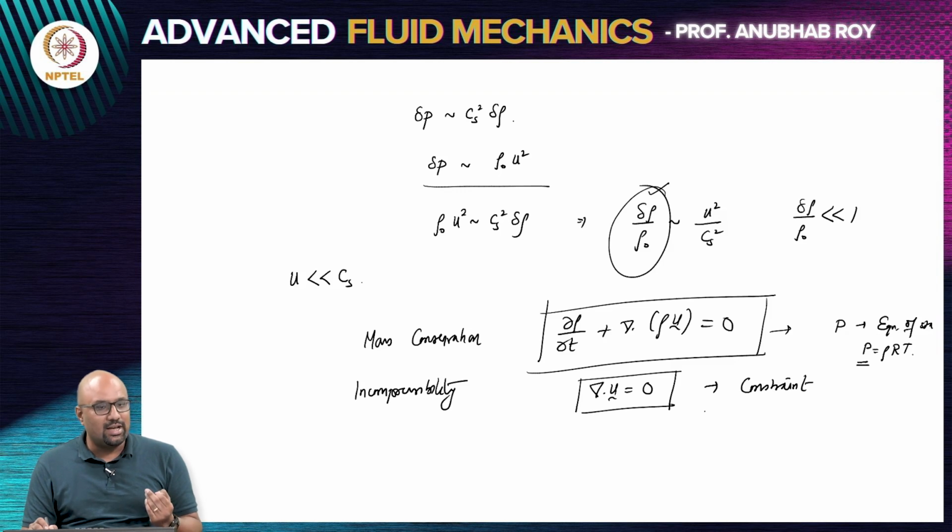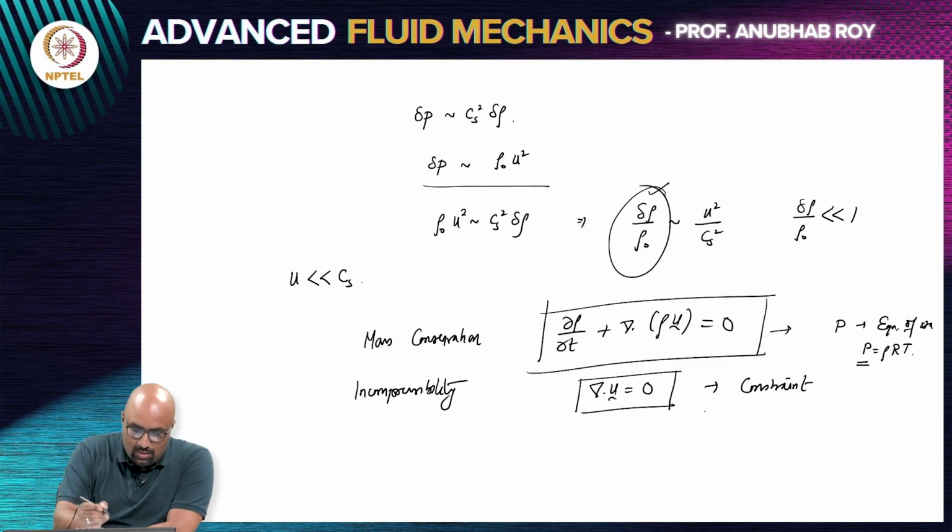Whether you say pressure is a constant plus something varying linearly with position, or you make it twice that constant plus the same linear variation in spatial coordinate, it will not change the dynamics. So a datum value of pressure or an actual value of pressure doesn't really matter. What matters are variations, the moment you do incompressibility. These things get combined together when we look into the momentum equation later.